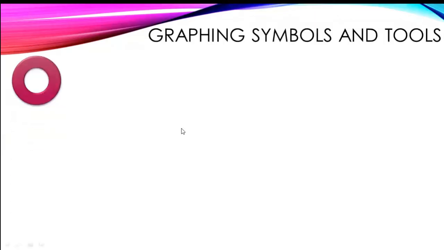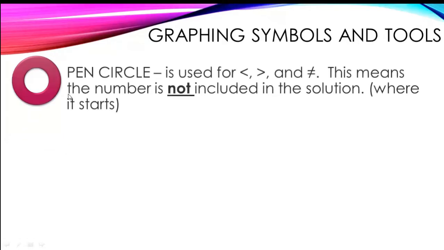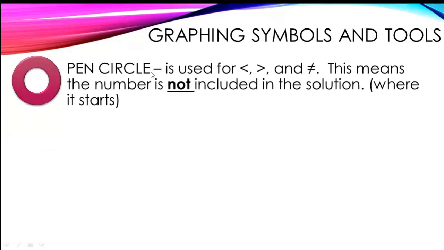Now look at this. Not only the symbols less than, equal and all that, but for the graphical method, we use this circle. This circle is also called an open circle, like a pen. It is used for less than, greater than and not equal.